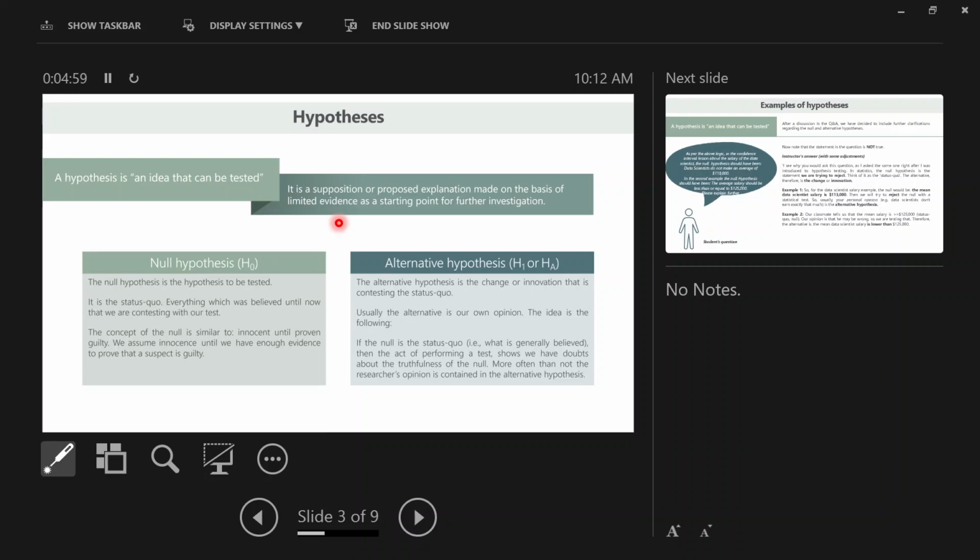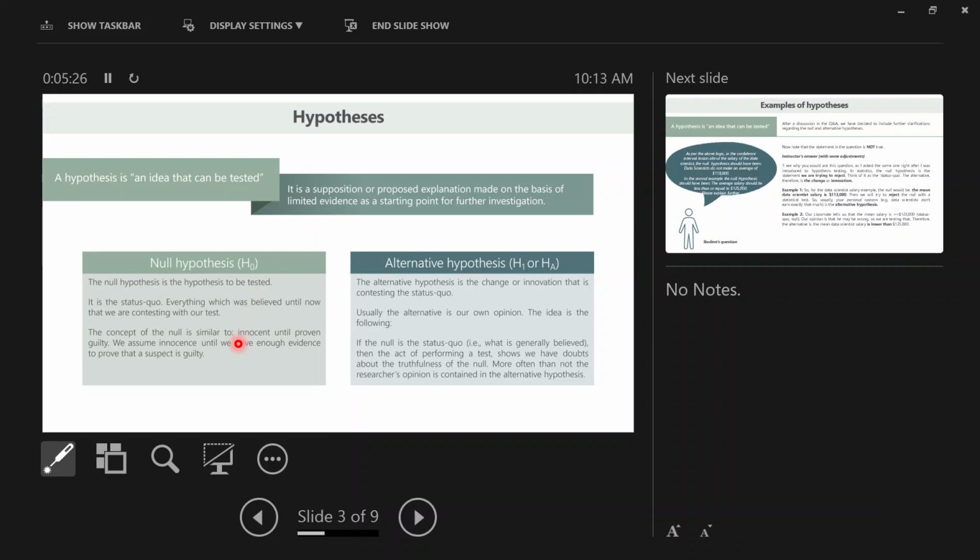In hypothesis testing, we have two types of hypothesis: the null and the alternative hypothesis. The null hypothesis is the hypothesis to be tested. It is the status quo, what you know. So you need to test to try to prove if it is true or not.